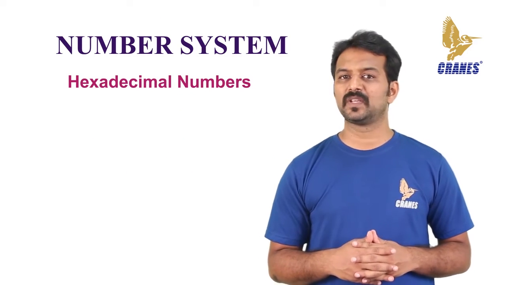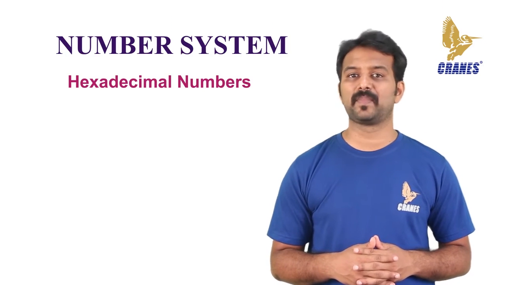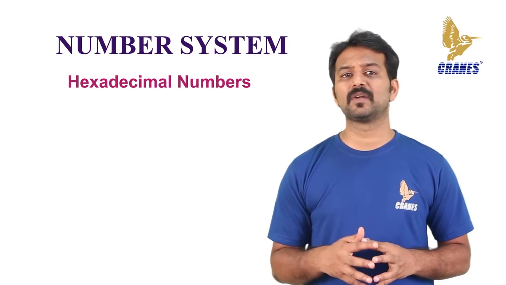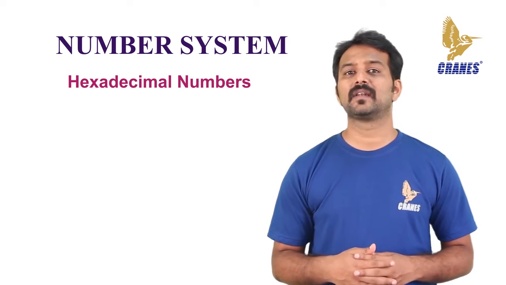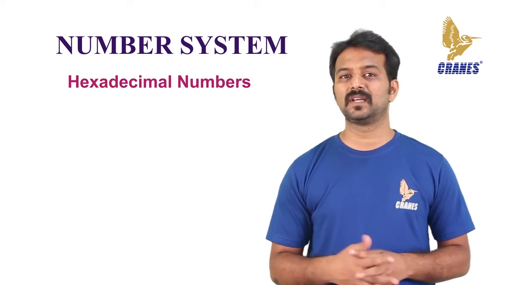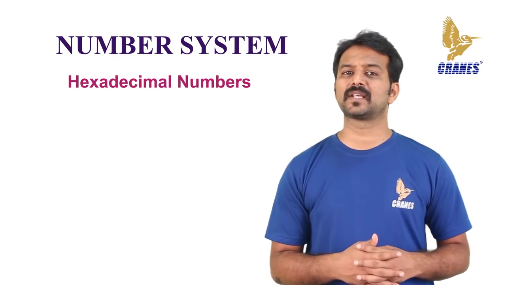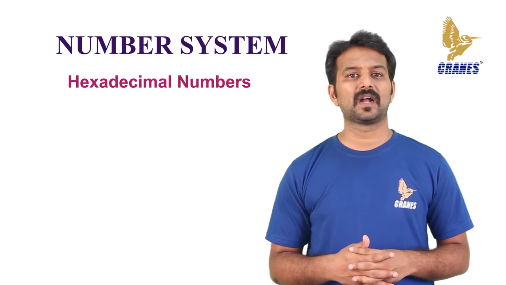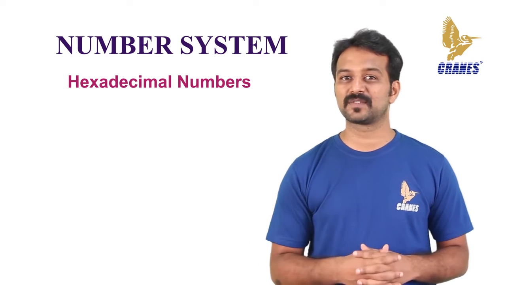Hexadecimal number system is used to describe locations in the memory for every byte. These hexadecimal numbers are also easier to read and write than binary or decimal numbers, basically for computer professionals. The main advantage of using hexadecimal numbers is that it uses less memory to store more numbers.